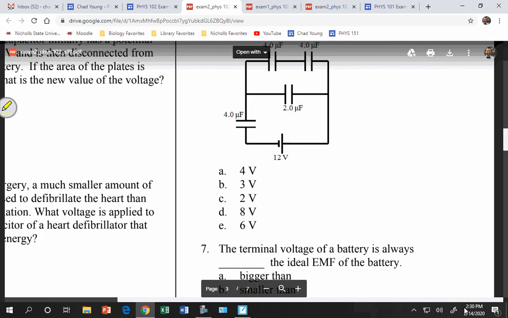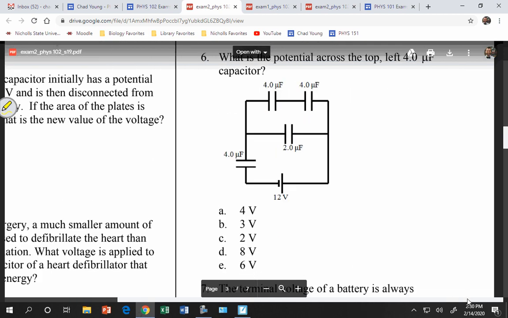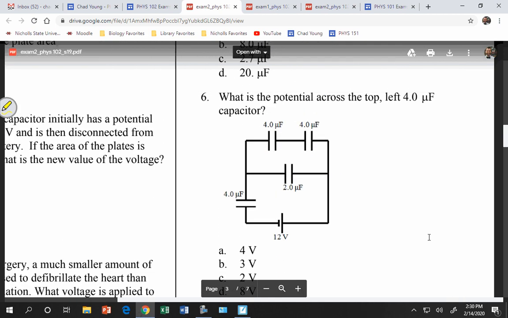Let's look at this one. It's a good sort of circuit. I want you to notice that I have different parts in this circuit. I have something right here that is in series. I have 2 4 microfarads that are in series, and those appear to be in parallel. I can tell it's in parallel because I got these 2 junctions where they split into 2 pieces.